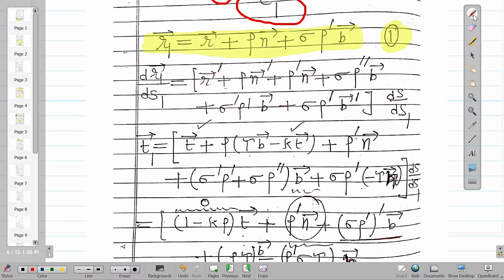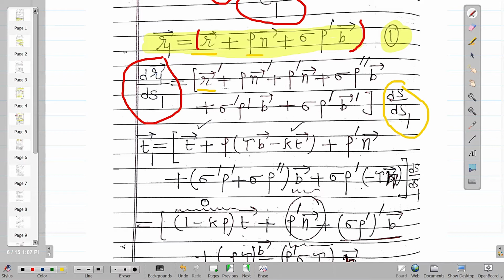On the left hand side we get dr1 by ds1. Now the entire term on the right hand side we can differentiate through s. So first differentiate this term with respect to s and multiply by ds by ds1. So what we get is the first derivative, that is r dash.